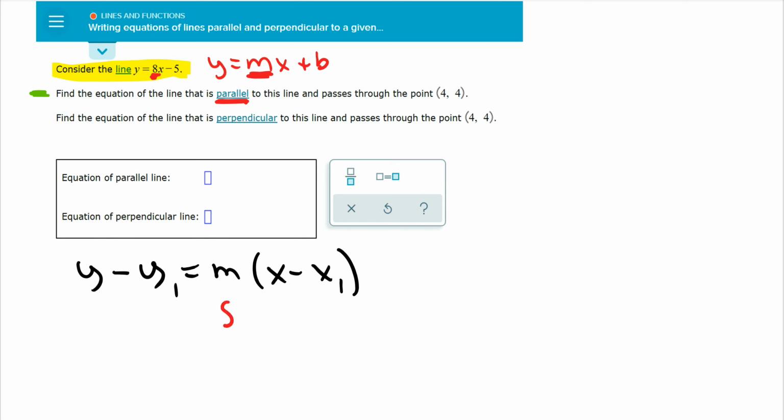So I'm going to stick the 8 where that m is. And then in place of the x sub 1 and y sub 1, I am going to use the point 4, 4. The first 4 is my x sub 1, so that's going to go there. And then the second 4 is my y sub 1, and that's going to go there. And I believe that's all you have to do.